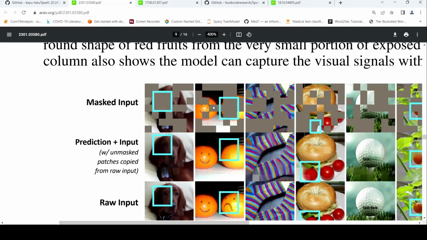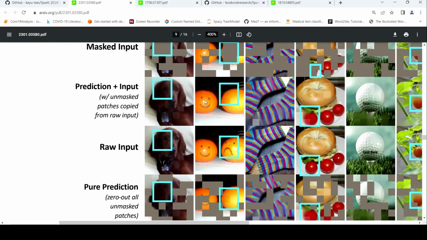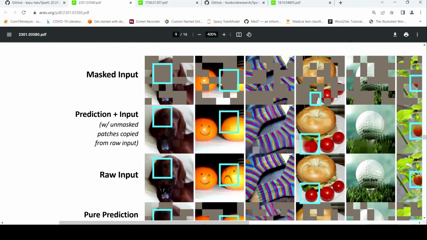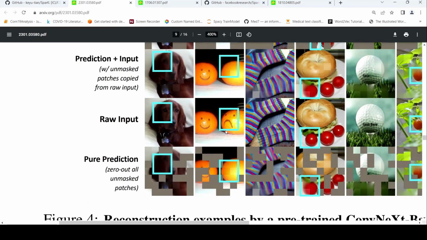This is another image where you have the masked input. This is the prediction plus input. This region is predicted plus the original input is what is shown over here. This is how the raw input looks. This is by zeroing out all unmasked patches. This is what has been reconstructed.